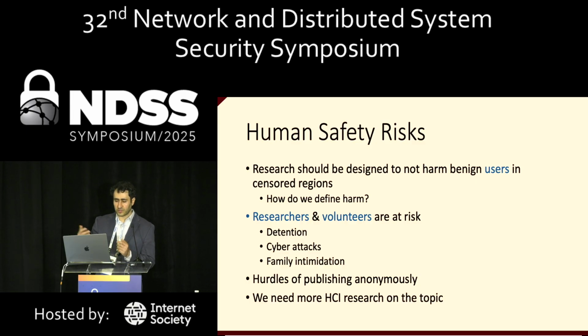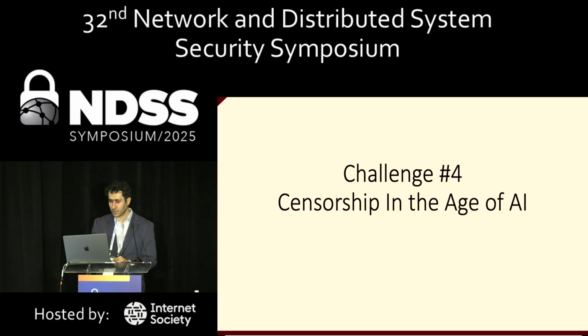And we also need a lot of human research on the safety and the social aspects of performing this kind of research. The last challenge I want to talk about is, as you probably guessed, censorship and AI. I'll talk about LLMs.